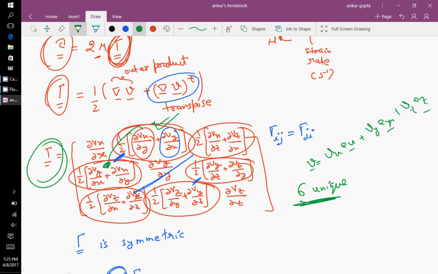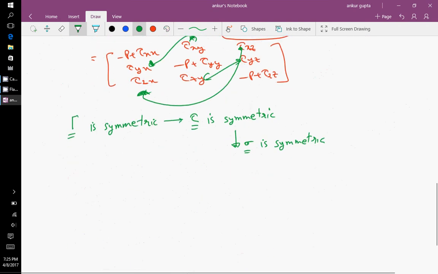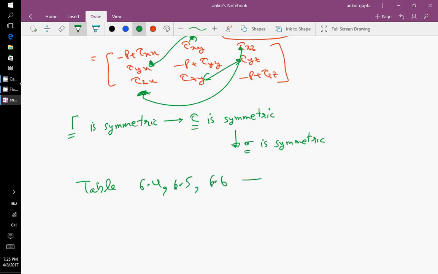And I refer you to tables 6.4, 6.5, and 6.6 in the book to see the relationship tau is equal to 2 mu gamma in different coordinates. And there again you can go and check that tau is symmetric. So if you have the velocity profile, you can actually evaluate these things very easily.